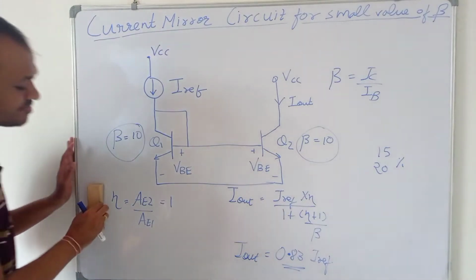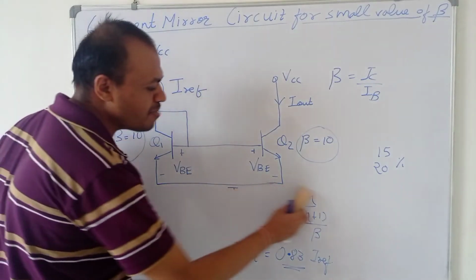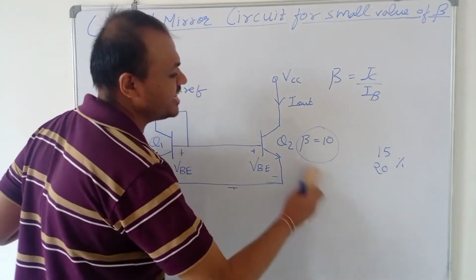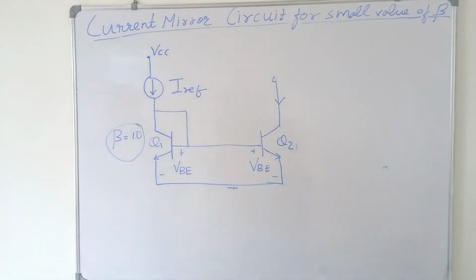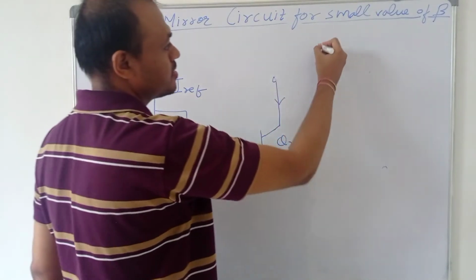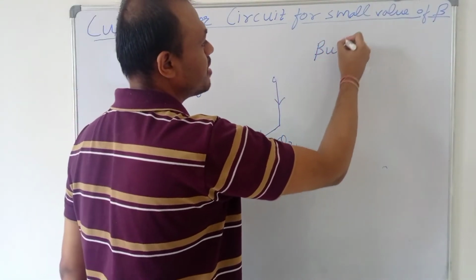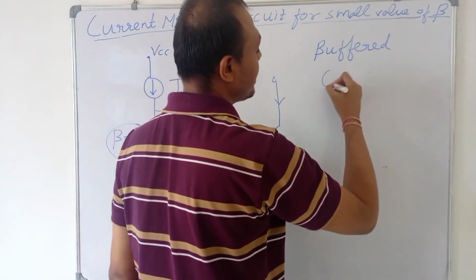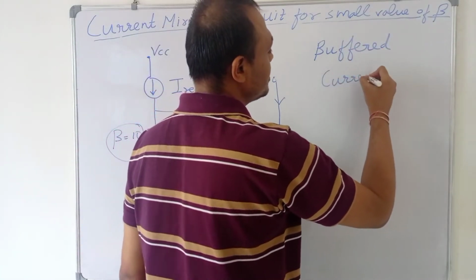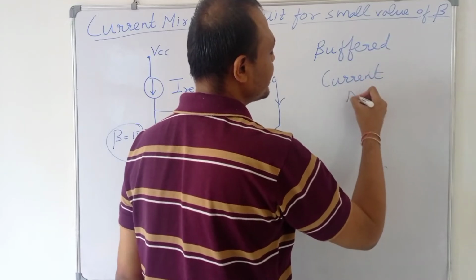So to remove this drawback, we draw the buffered current mirror circuit. To remove this drawback, we have what is known as the buffered current mirror. So we will see how to design the buffered current mirror.